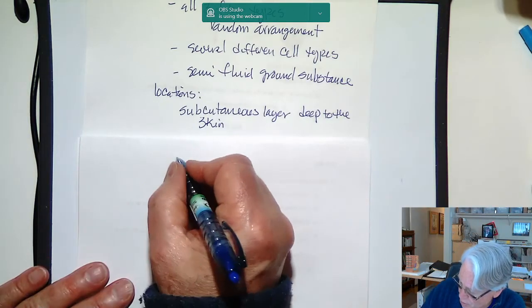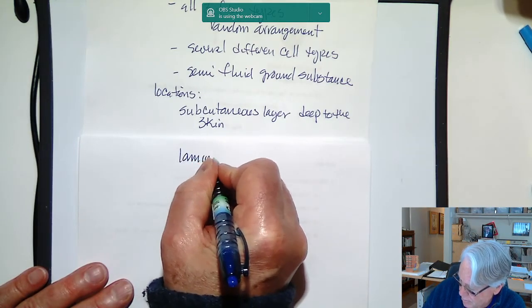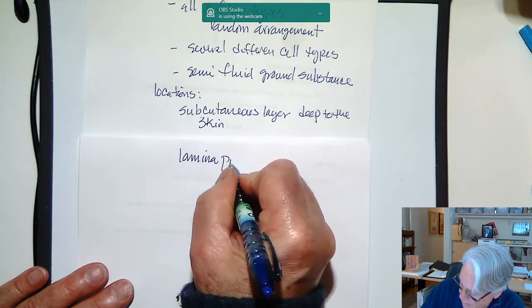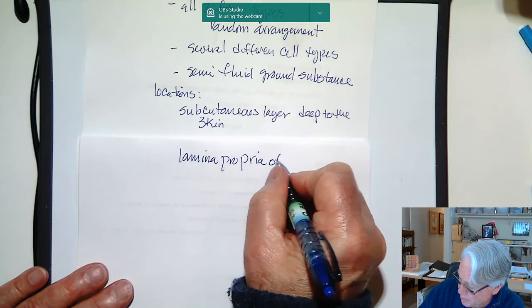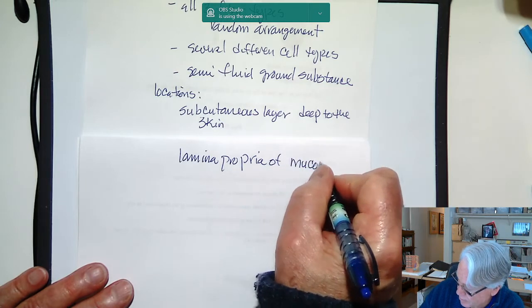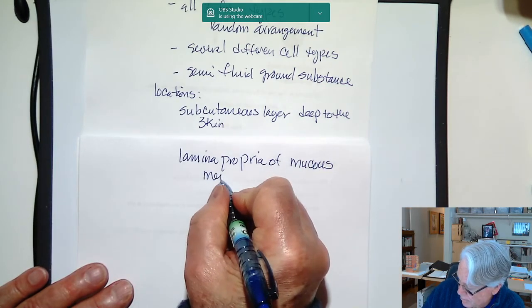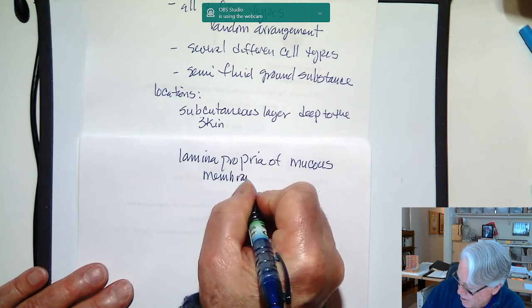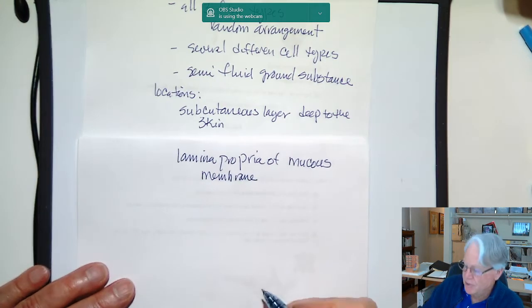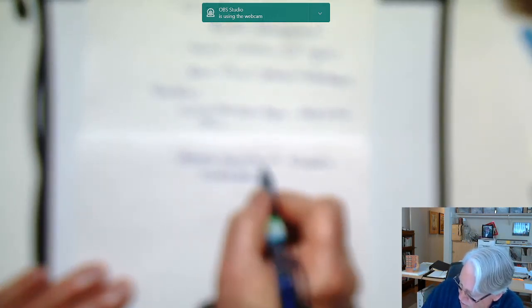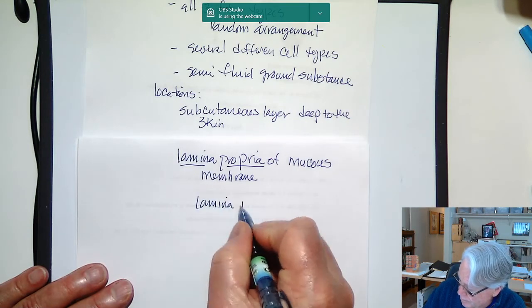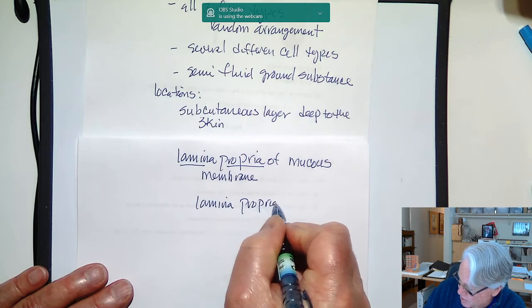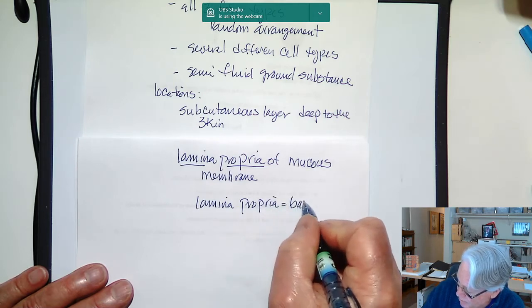The lamina propria of a mucous membrane. It's interesting that the textbook uses this terminology, lamina propria. Lamina propria is the same thing as the basement membrane.